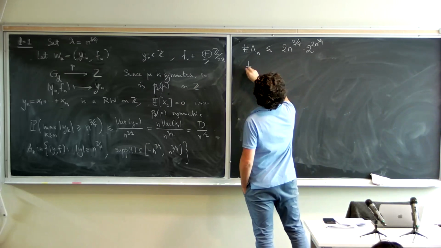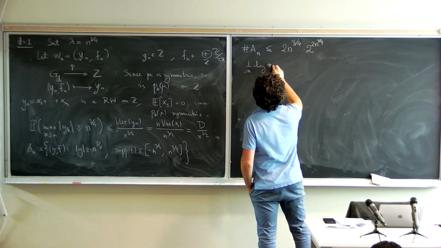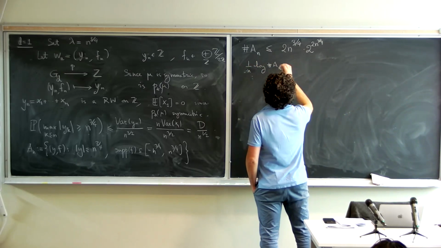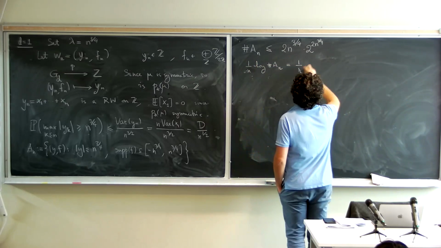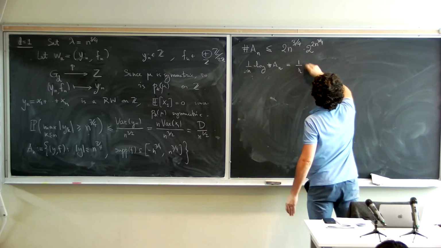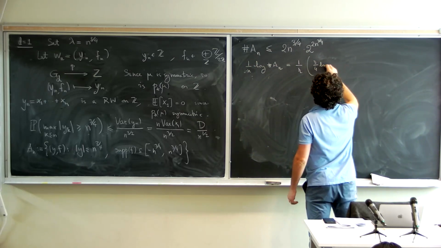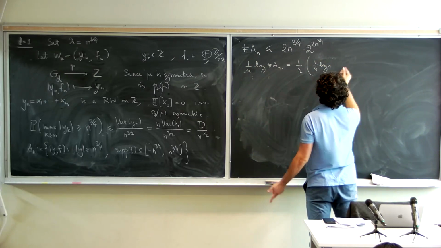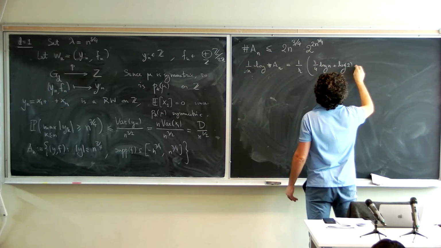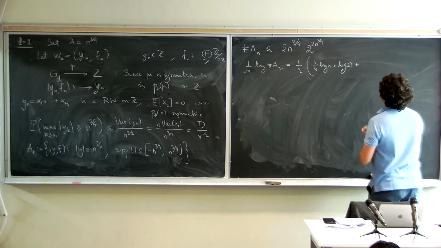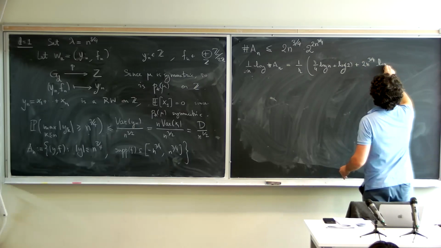So if you do 1 over n log cardinality of A_n, well, this is 1 over n times 3/4 log n, which is kind of small, plus the log 2 term, plus 2n to the 3/4 log 2.